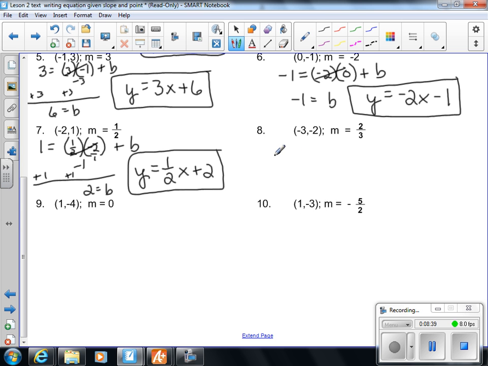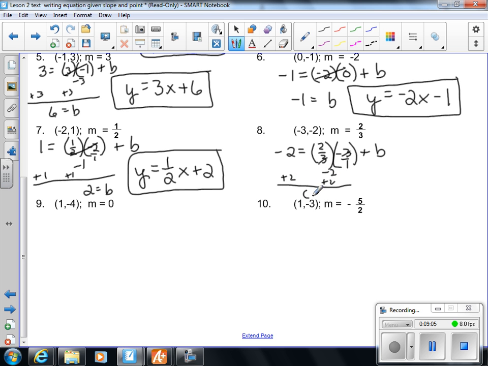Okay, the next one, your y-intercept is negative 2 equals slope, 2/3, y-coordinate, or excuse me, x-coordinate, negative 3 plus b. Okay, when I do the math, they cancel out, and I get what? A negative 2, so I'm going to add 2 to both sides.